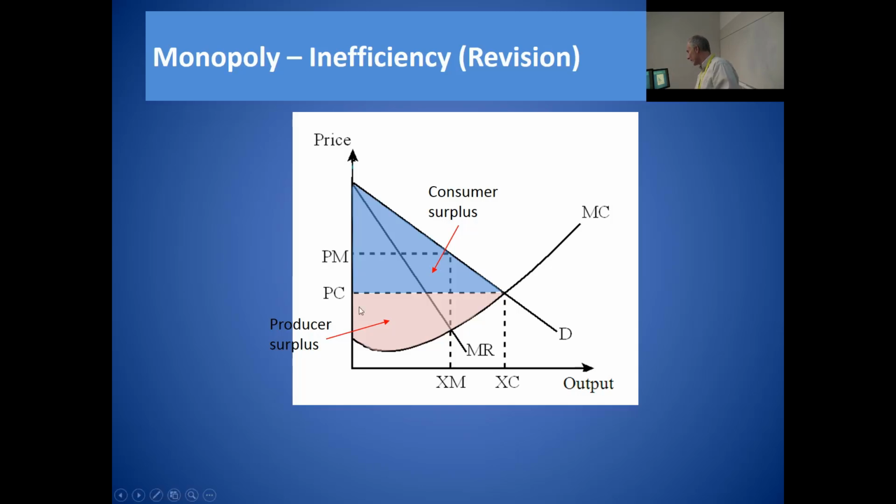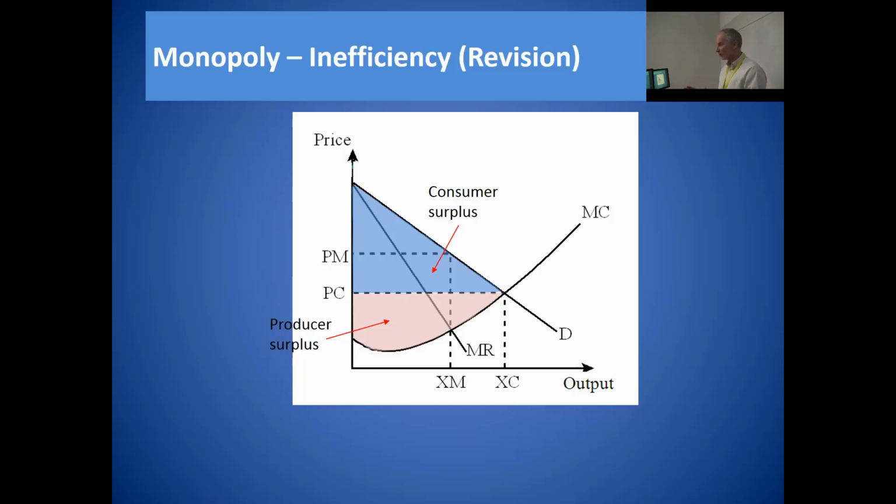So if we look at the diagram here, for all of these units between 0 and XC, the marginal cost of production, i.e. the cost of producing an extra unit, is less than the price received, which is PC. And the difference between the two is producer surplus.